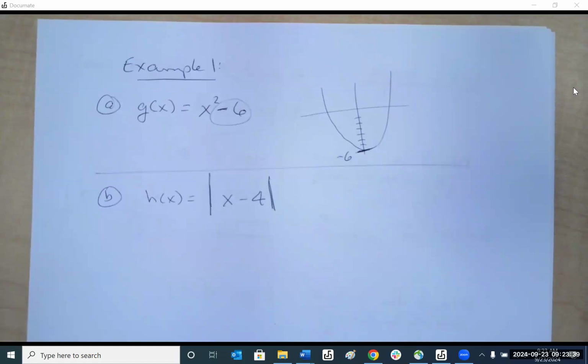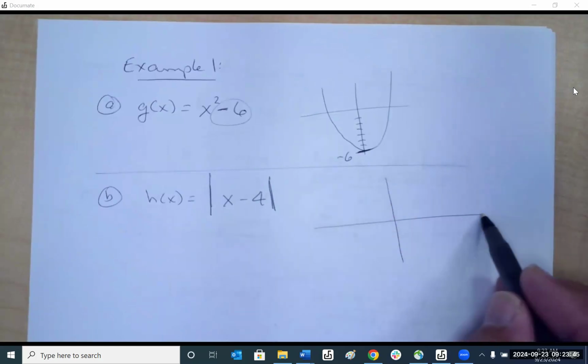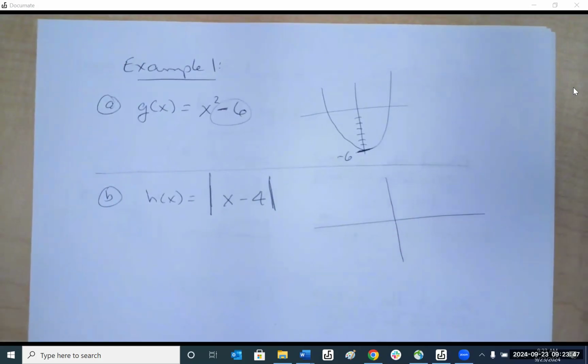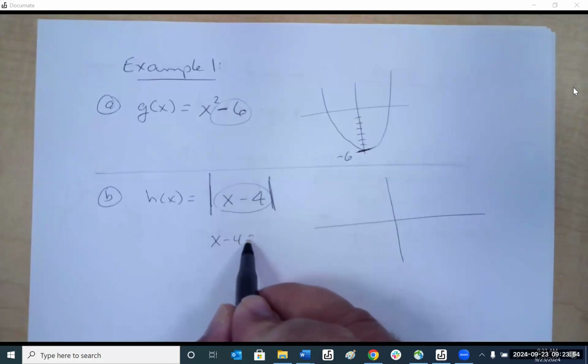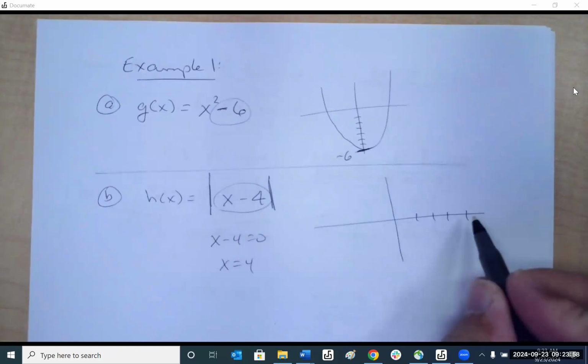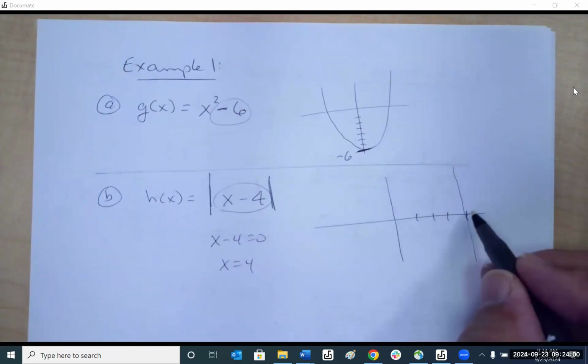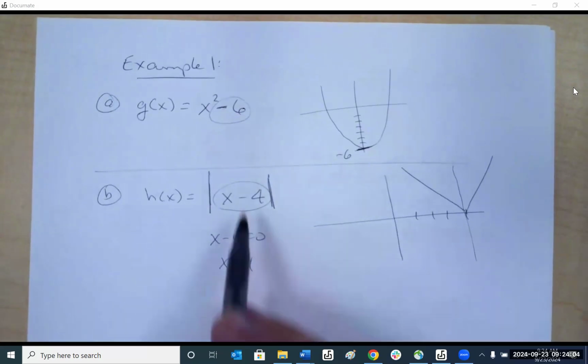It's a horizontal shift. How many spaces, which direction? To the right 4, because the sign shifts opposite since it's in the function. So we set that equal to 0. So there's my new origin. So the graph looks like this. That's the absolute value graph.